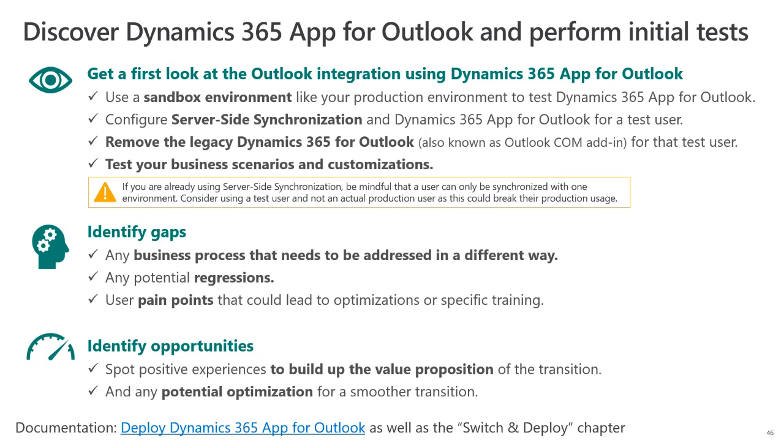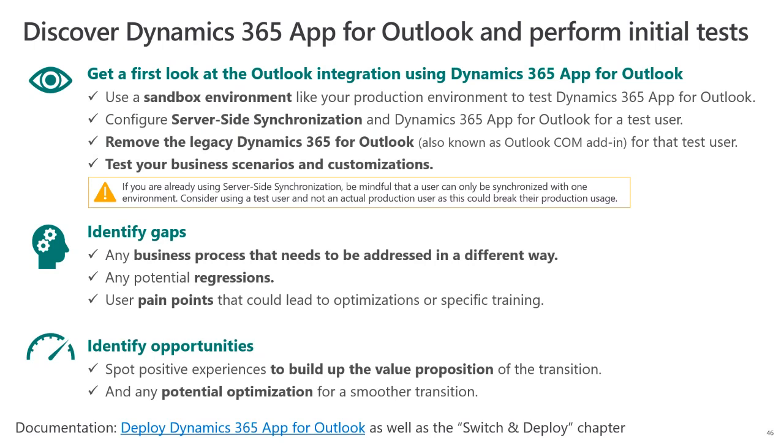That's an opportunity then to also identify gaps. So any business process that needs to be addressed in a different way, any potential regressions, and also identify user pain points that could lead to optimizations from a customization point of view or process point of view, but also specific training.